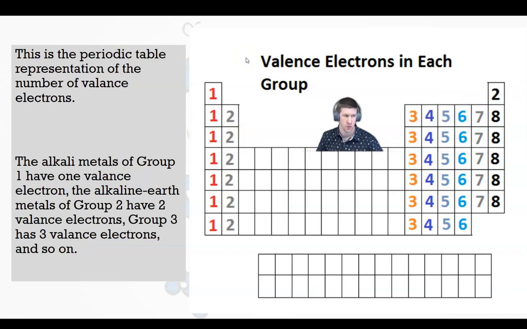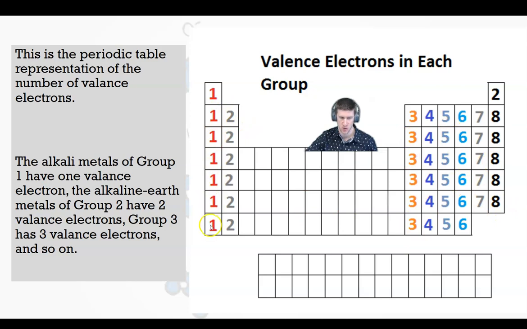This is the periodic table representation of the number of valence electrons. The alkali metals of group 1, which is this one here, have 1 valence electron, so 1 electron in their outer shell. The alkaline earth metals of group 2 have 2 valence electrons. Group 3 has 3, and so on and so forth. Just like when we talked about the groups and periods, these groups are telling you how many electrons are in the outer shell.